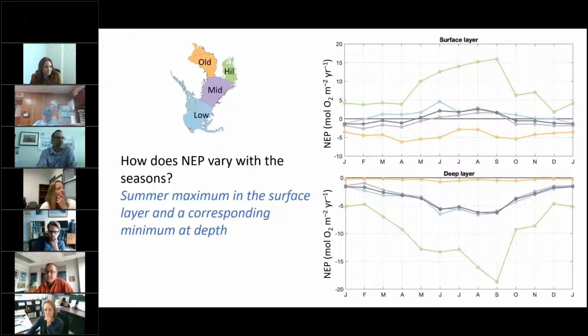But again, it might be because maybe it's just a thin little layer there. So if we look at the rates on a per volume basis, then maybe it could be more comparable in terms of addressing why, if there are real differences from one place to another. Interesting. Thanks.